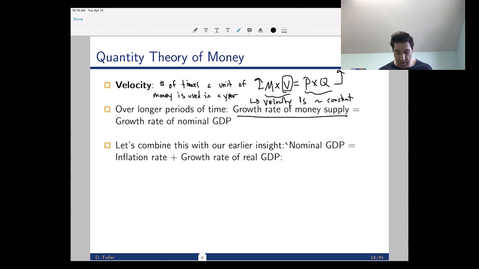And then we're going to combine that with what we just learned. This should be growth rate, which is the growth rate of nominal GDP equal to the inflation rate, or growth rate on prices, plus the growth rate of real GDP.